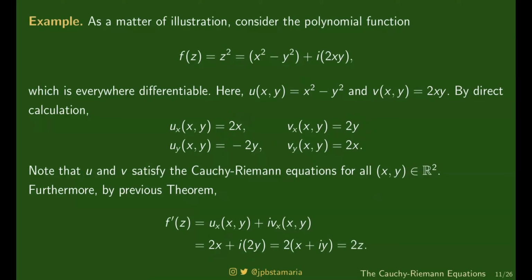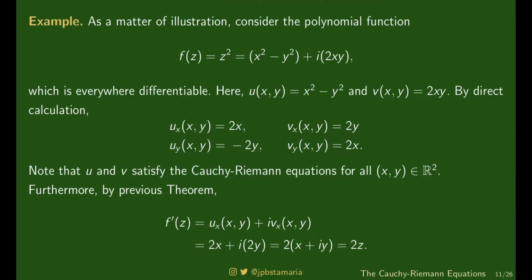Parehas ba siya doon sa natutunan yung derivative ng z squared? 2z? Naintindihan niyo? Did you get this example? Oo. That's the power of the Cauchy-Riemann equations. Okay? Ayun yung theorem na sinasabi natin.